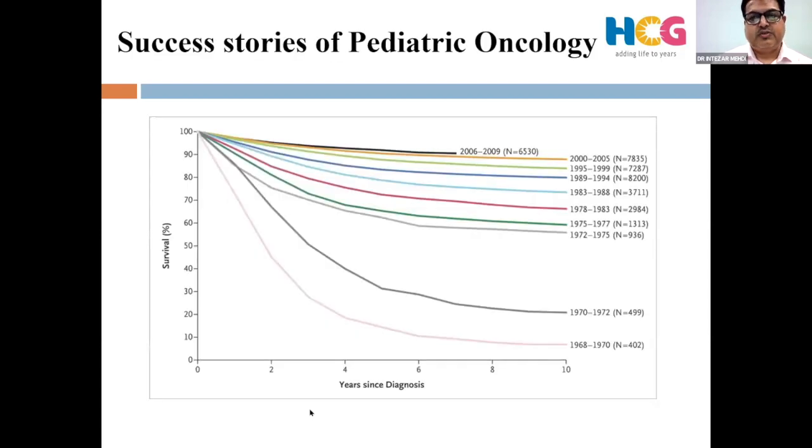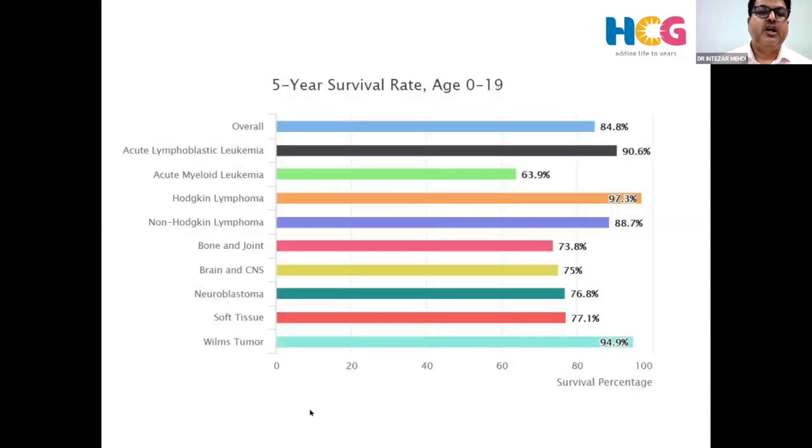This is one of my favorite slides, which I put up in almost all my presentations. It just goes to show the success story of pediatric oncology. As you can see, in the last 50 years, from 1970 to 2020, there has been a tremendous improvement in the cure rates. This particular graph showcases the cure rate for childhood ALL, which was dismal at less than 10% about 50 years ago, and now it is close to 90%.